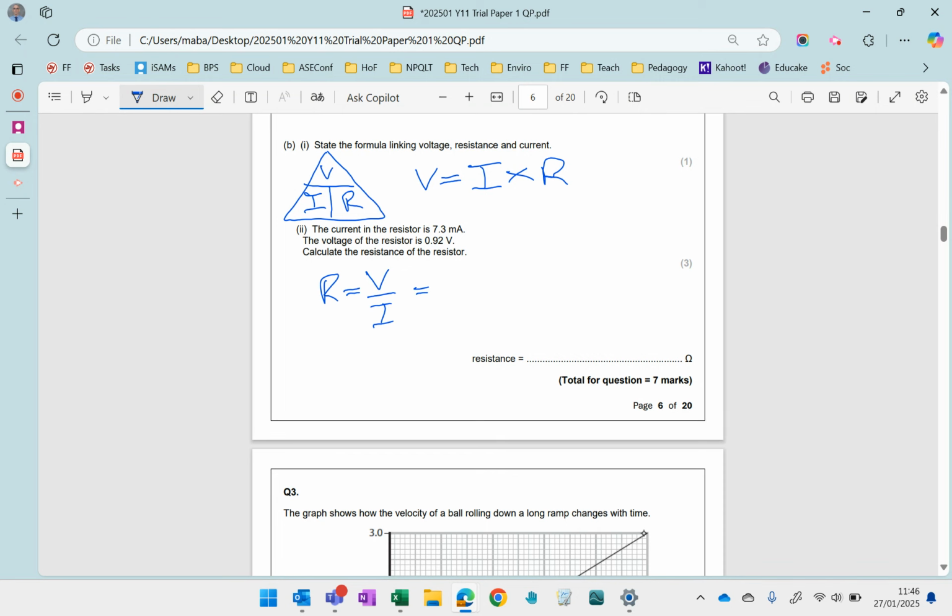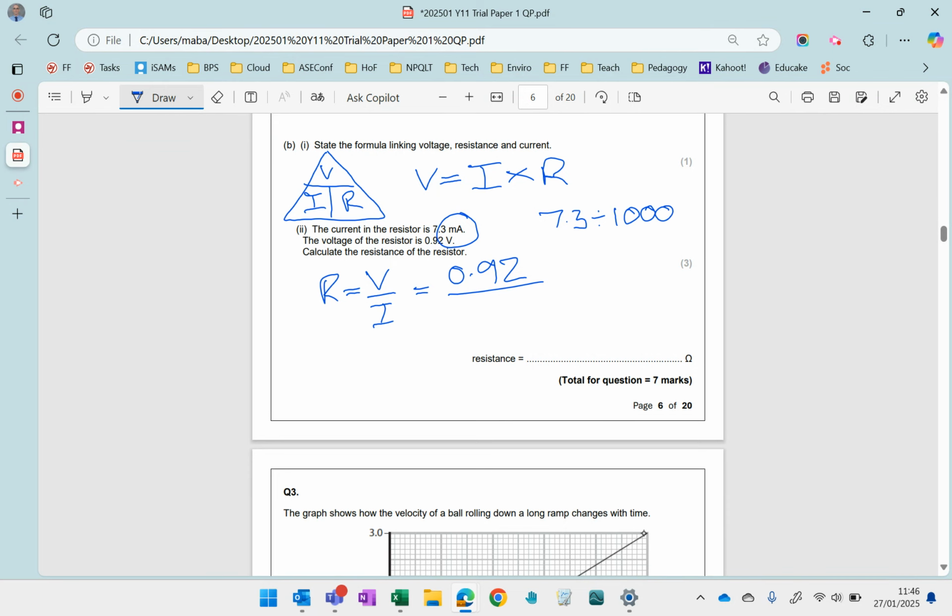And then I'm going to do the substitution, so 0.92 volts, and then, look at that, it's in milliamps. Just like there's 1,000 millimeters in a meter, there's 1,000 milliamps in an amp, so to write this in amps, we're going to have to take 7.3 and divide by 1,000.